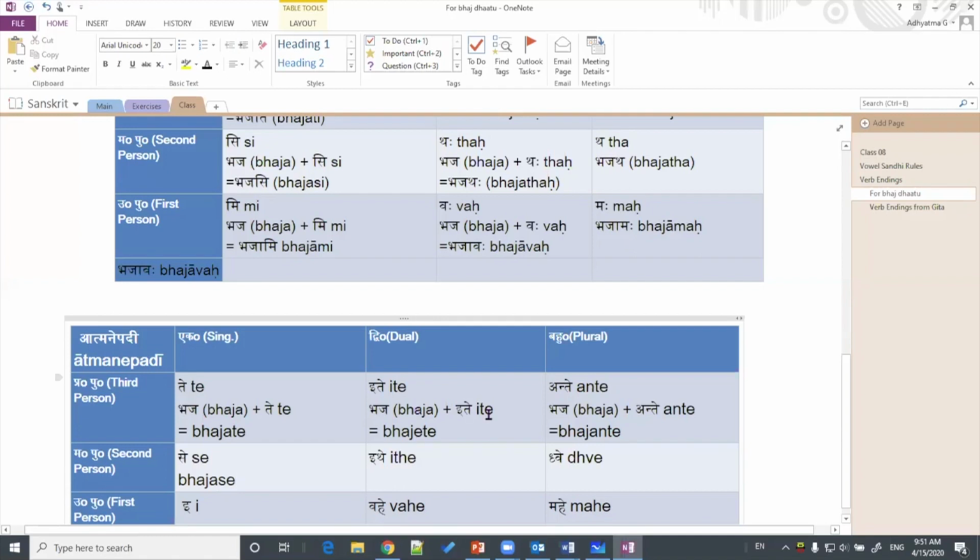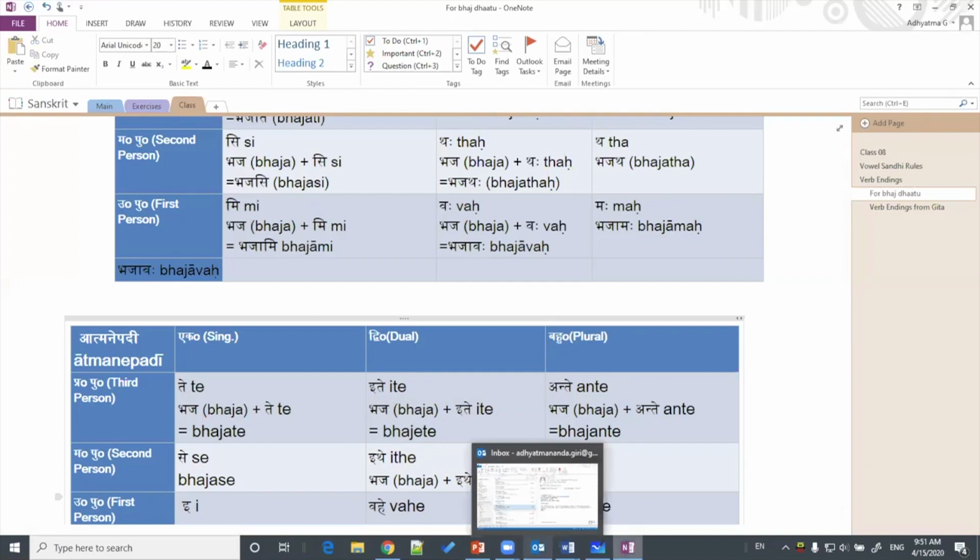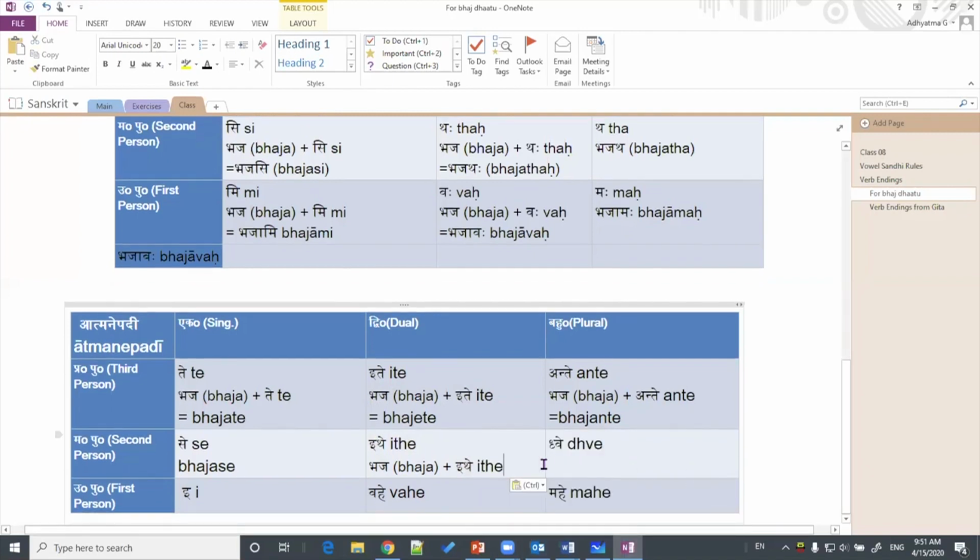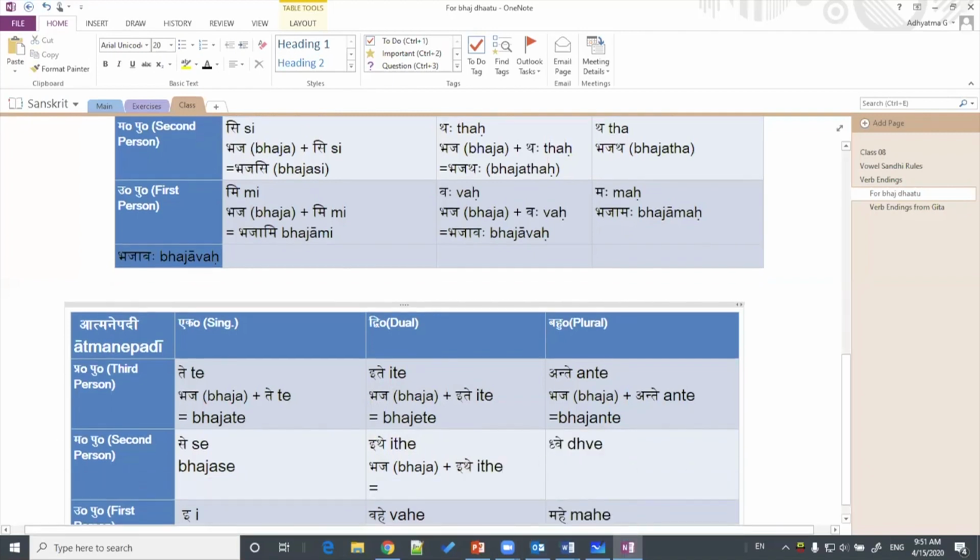Here it would become... it is a very similar kind of suffix here, ite, ithe, and it becomes bhajethe. Akara, same, akara plus ikara becomes ekara.